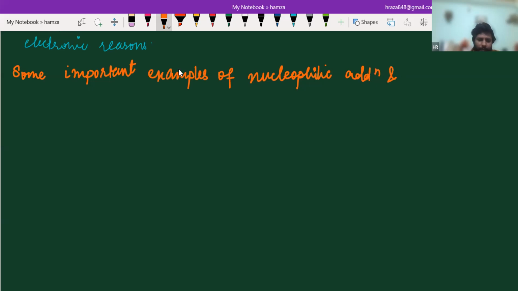Addition and nucleophilic addition elimination reaction.